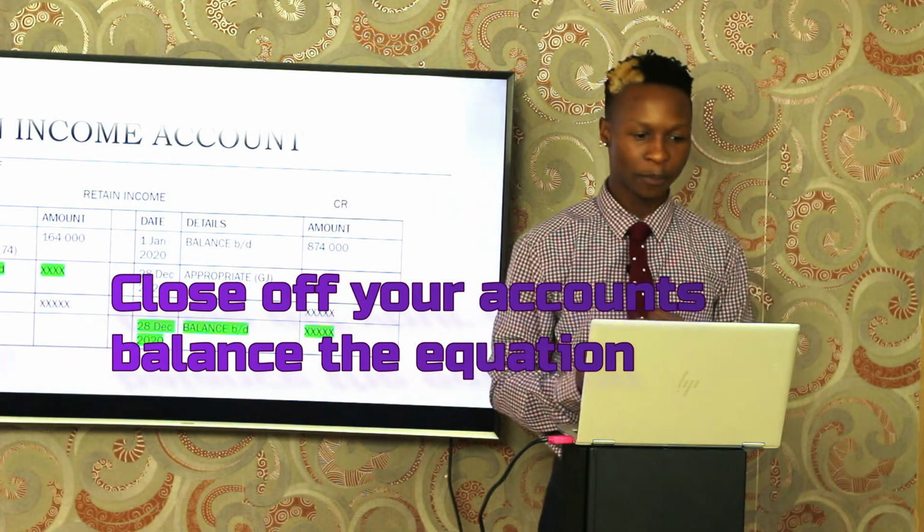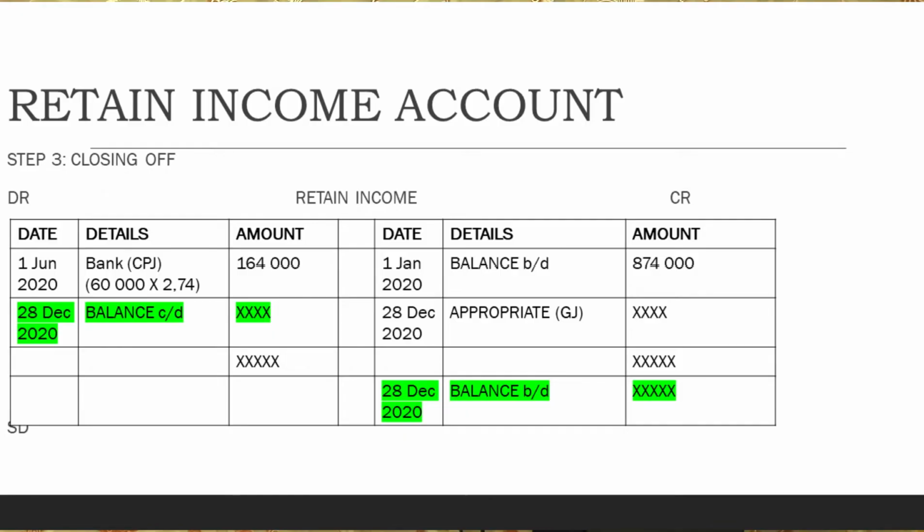After recording your opening balance and the repurchase of shares, we have our appropriate account, which is general journal, and then we close off by having balance carried down, and then we transfer our balance carried down as balance brought down. That highlighted amount there, XX, is going to be our new opening balance in the next financial year, guys.